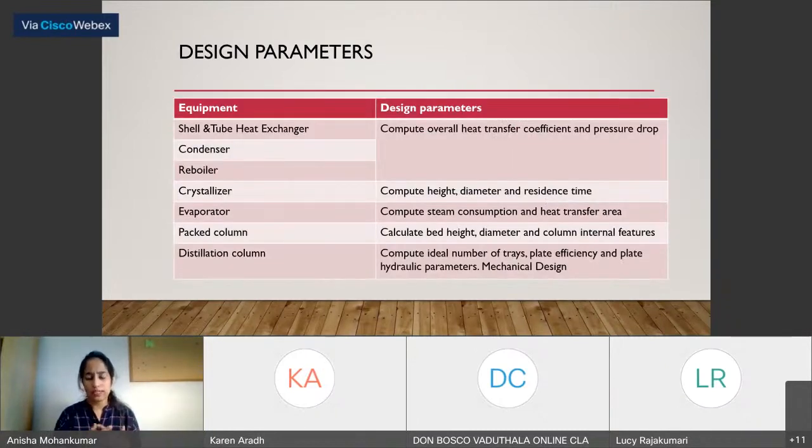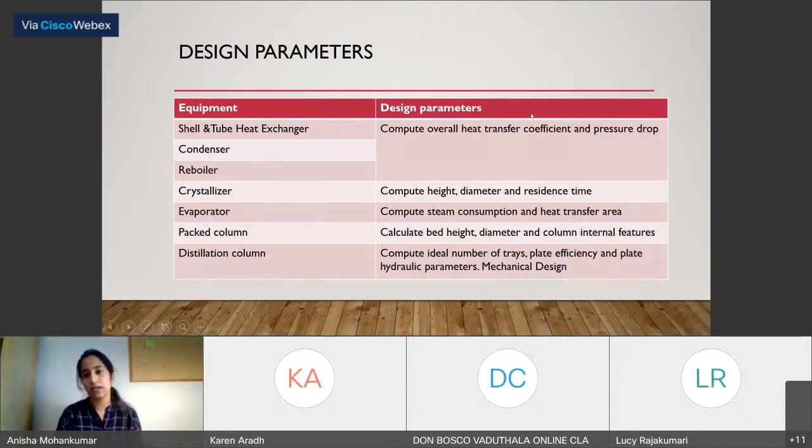So what exactly do we calculate when we are doing design? For every equipment, every small equipment we are designing, we need to calculate certain parameters, say heat transfer coefficient and pressure drop for heat exchange networks, condenser, reboiler.